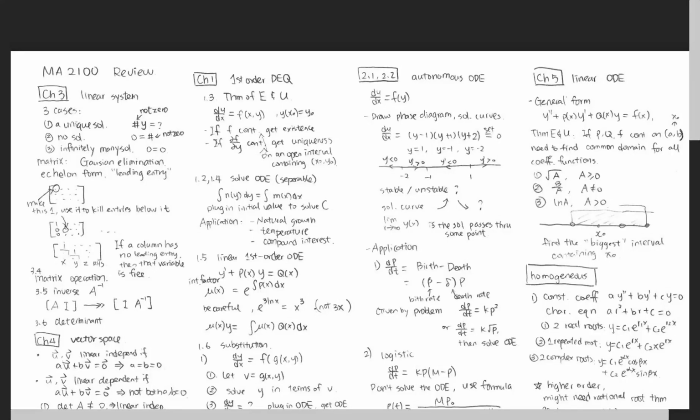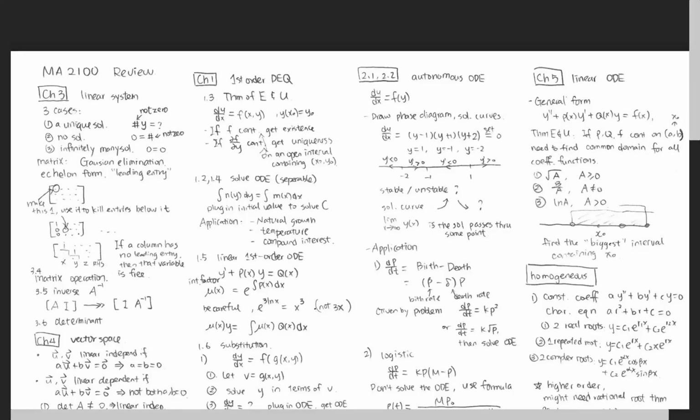Okay, so remember there are three types of conclusion. If f and partial f, partial y are both continuous, then we say a unique solution exists near the point x0, y0.